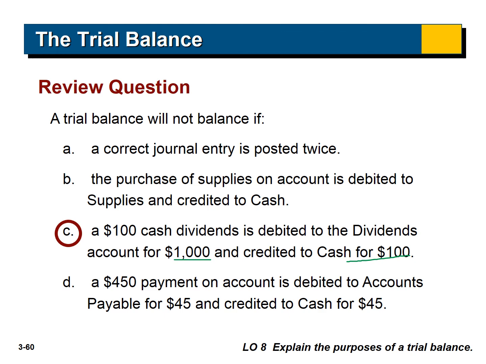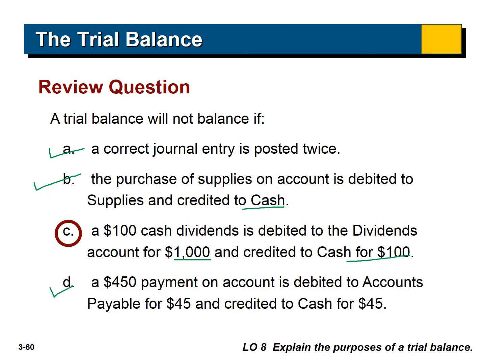So the trial balance won't balance. However, if the correct entry is posted twice, it will still balance. The purchase of supplies on account is debited to supplies and credited to cash instead of what? You should credit to accounts payable. It's still going to balance, but you have it in the wrong account, so it won't catch that.